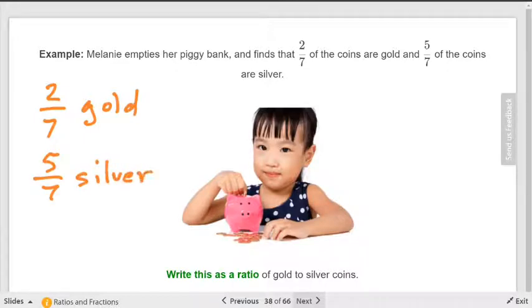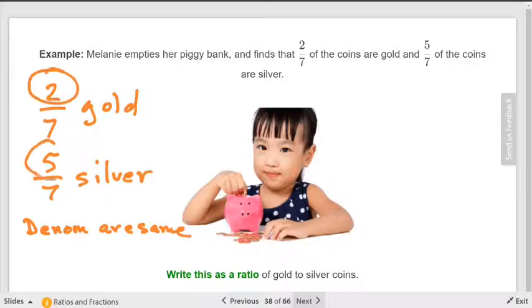Okay? So I can write a ratio of that as long as the denominators are the what? Same. And are they the same already? Yes. So to write the ratio, all I need then are the what? The top numbers, the numerators. So it's going to be simply 2 to what? 2 to 5.